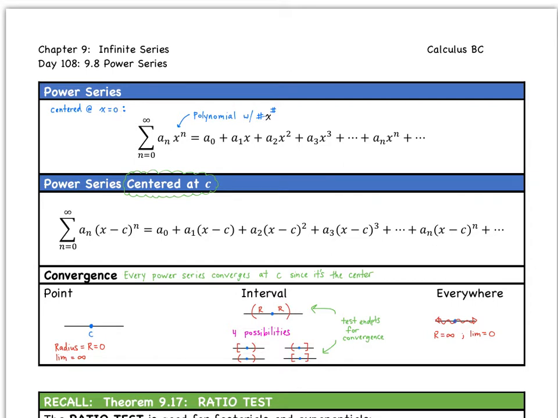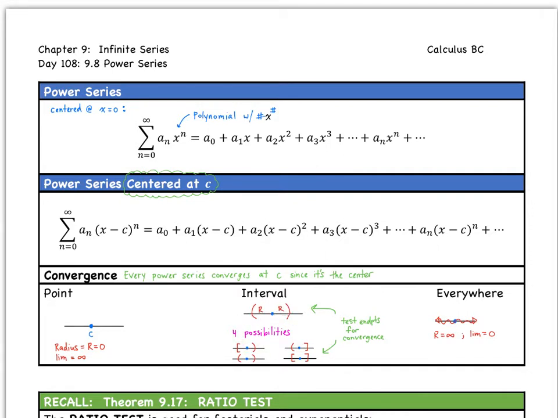Now, there's kind of three types of convergence where it's convergent at just our center, our point, which means our radius is 0, which means if we took the limit of that series, we would get infinity, okay? We could have an interval of convergence, all right, where we have our center, c, and we have this R, which is our radius, okay? And we have this interval here, so R in this direction, R in this direction.